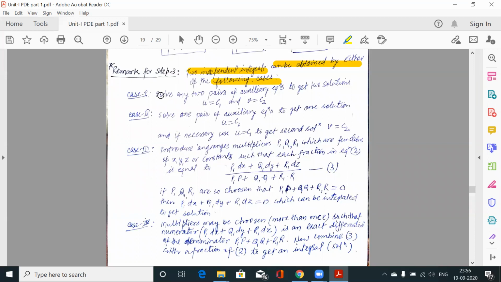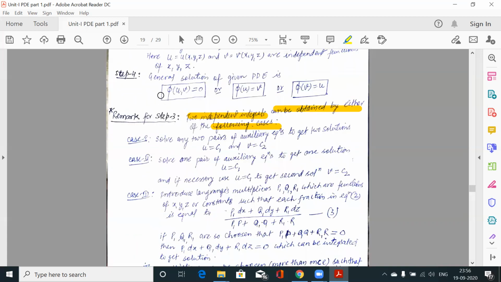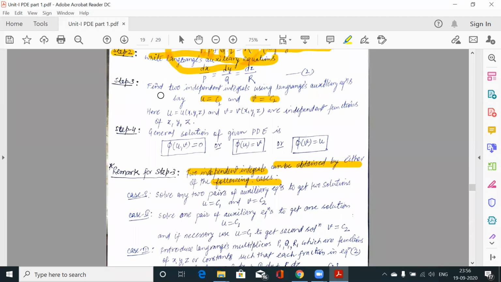So the first case is very simple, when direct integration is possible using the Lagrange's equation. If out of these three fractions we can have two pairs which are directly integrable, we will directly get two independent solutions.